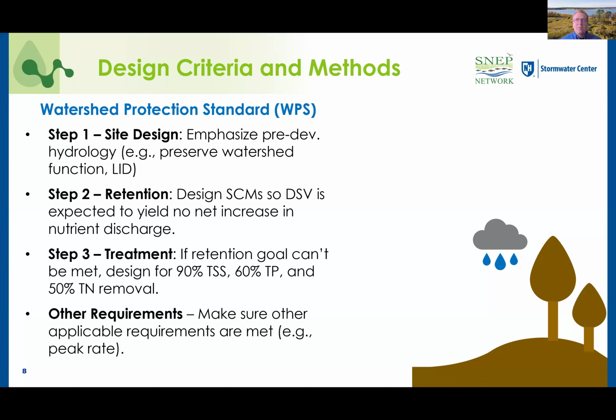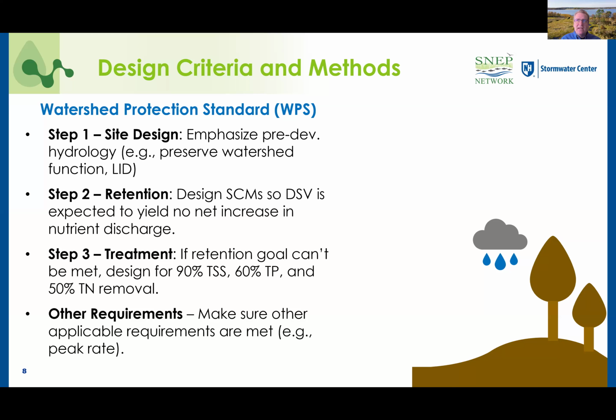A lot of this information is detailed in, again, the New Hampshire Stormwater Manual, and it's also reflected in the Watershed Protection Toolkit, where we have templates for adopting local regulations.